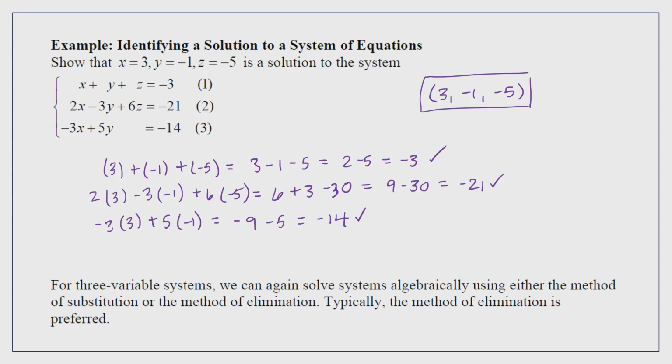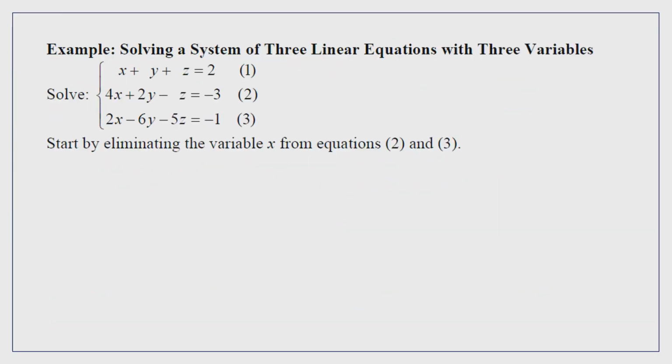Okay. So for 3 variable systems, we can again solve systems algebraically using either the method of substitution or the method of elimination. Typically, the method of elimination is preferred, because it is a three equation system. But you can definitely use substitution if you like.